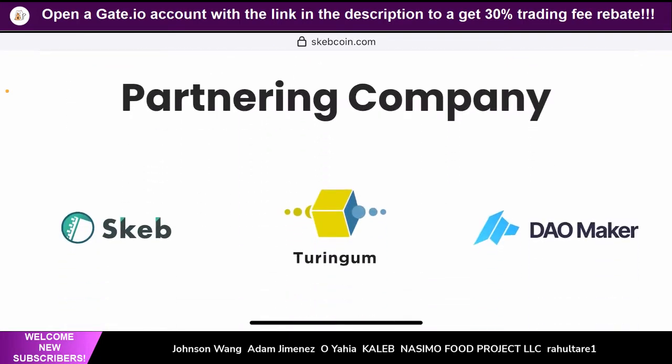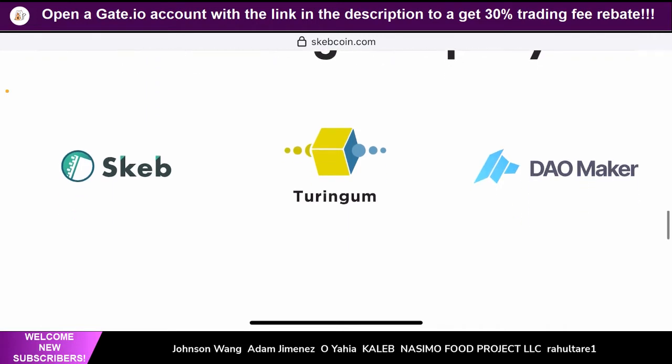So they're partnered with several noteworthy names. They're obviously partnered with the mother company SKEB Labs, which is also the project behind several other popular projects in Japan as well, but it's not as well known in the Western world compared to Japan.